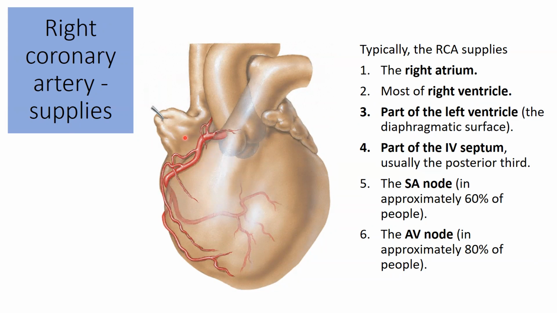In approximately 60% of people, the SA nodal branch arises from the right coronary artery, and the rest arises from the left coronary artery. And the AV node in approximately 80% of people. Don't worry about the percentages because I'm going to talk about the variation after this.